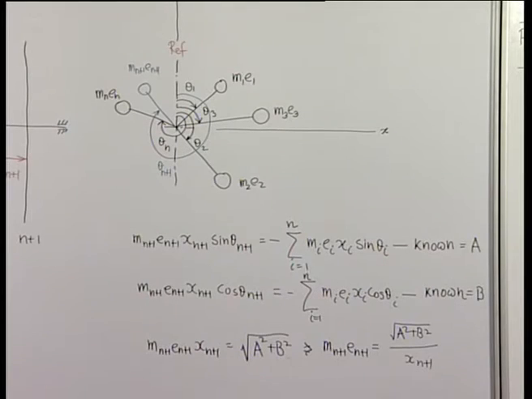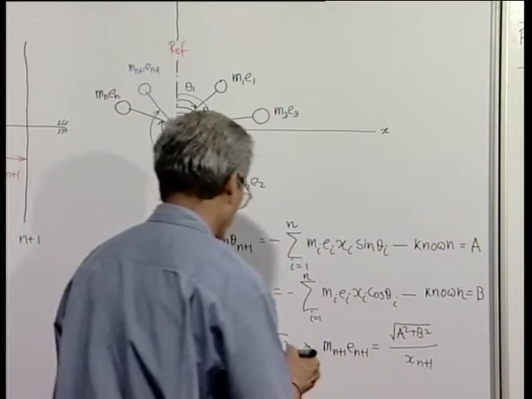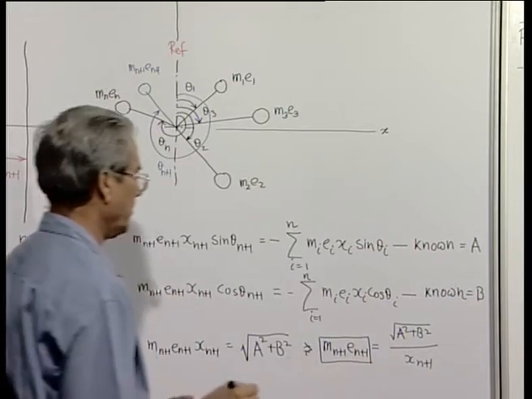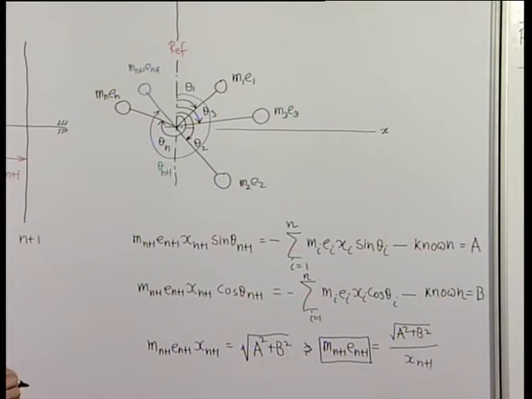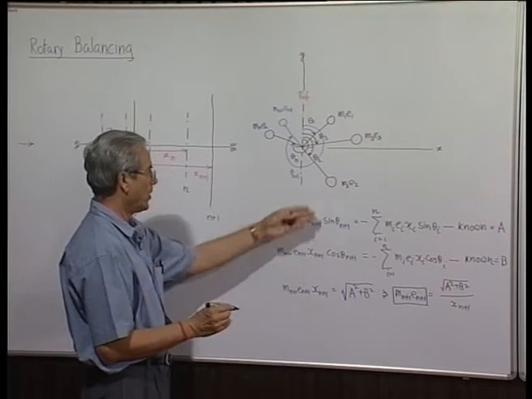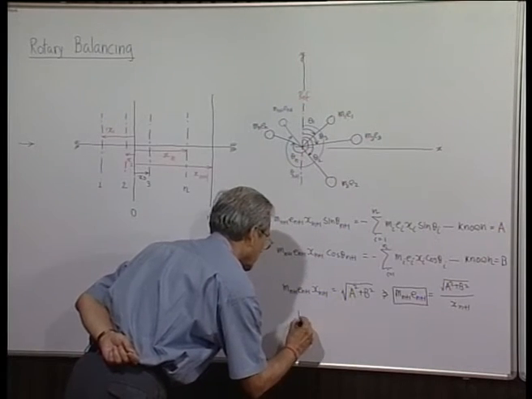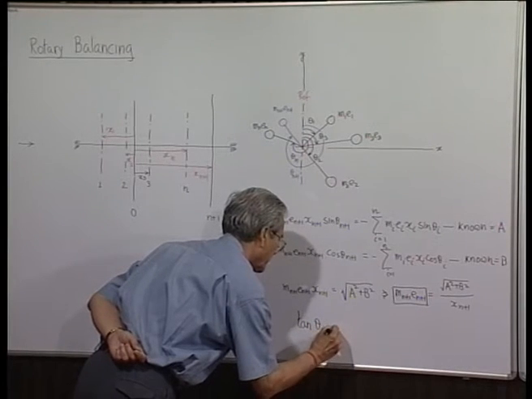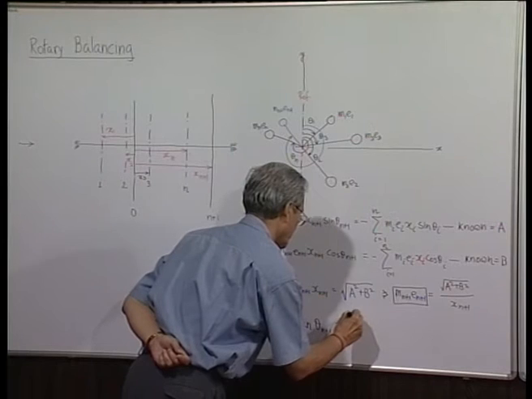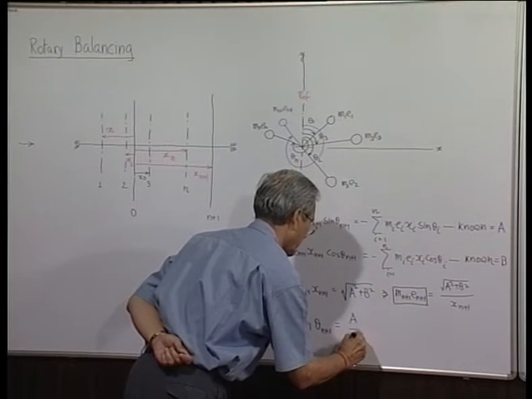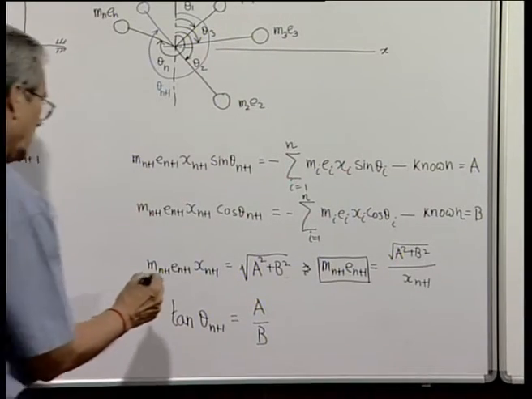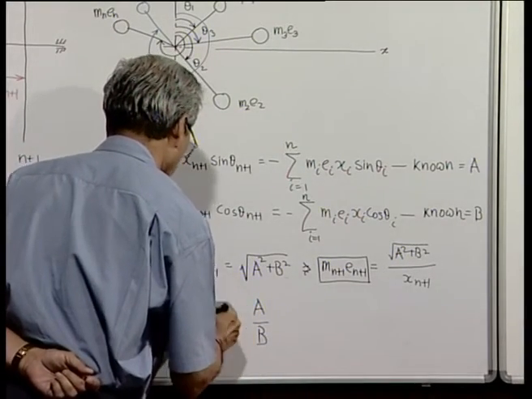Since x n plus 1 is known or given or chosen, we know the actual unbalance or balancing amount to be placed in the n plus 1 plane. So far as the magnitude is concerned, we have found it out. We can also find out the angular position from this by dividing the two. So, from this theta n plus 1 also is determined.